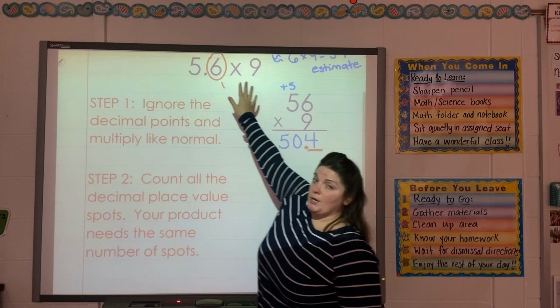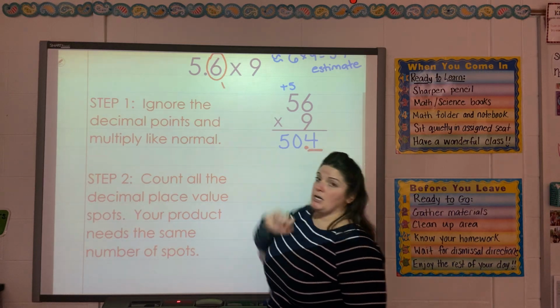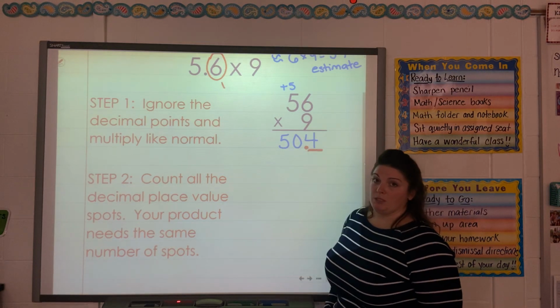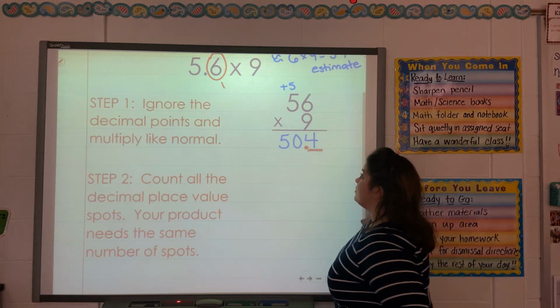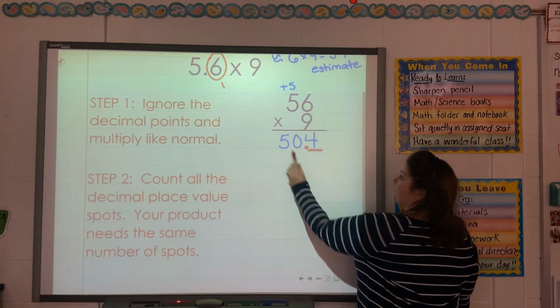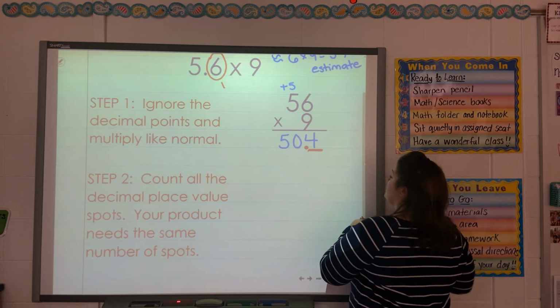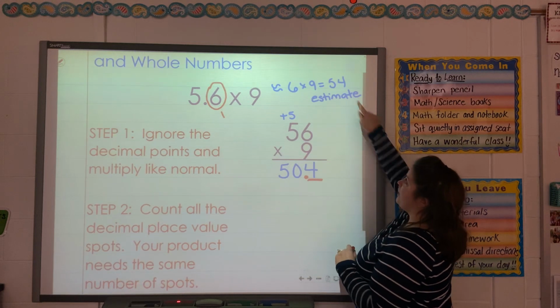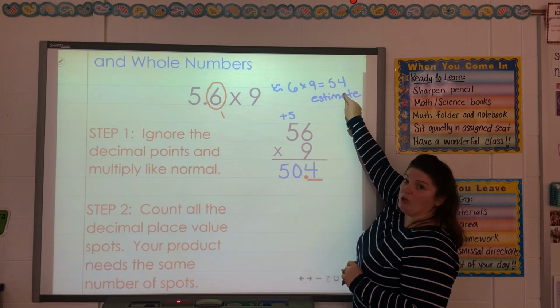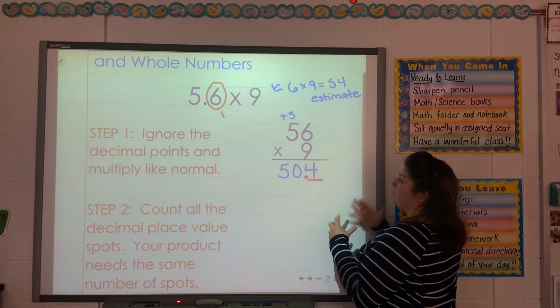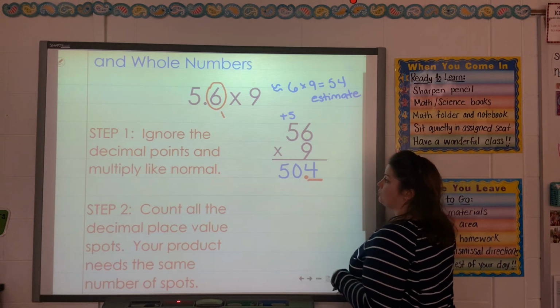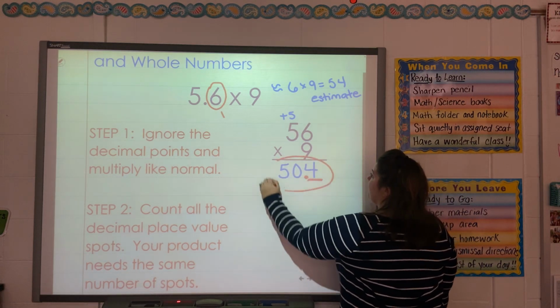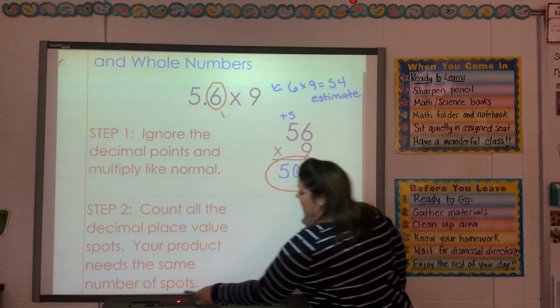And I only had one decimal. That's in the tenths. This needs to be in the tenths. So my answer is 50 and 4/10. When I compare that to my estimate of 54, I know my answer is reasonable because they're in a similar place value. They're close to each other. So 50 and 4/10 is my answer.